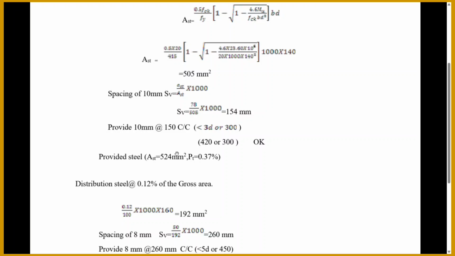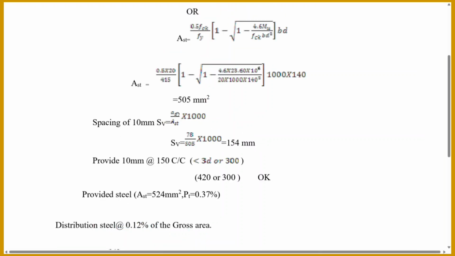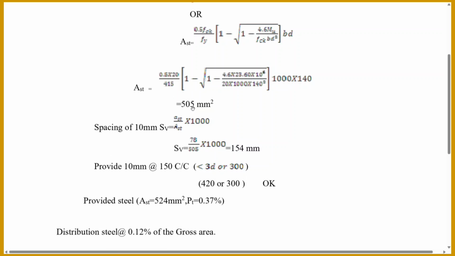First, you will have to find the spacing of the slab. For that, the spacing formula is the area of one bar upon the area of steel derived from this equation, into 1000.